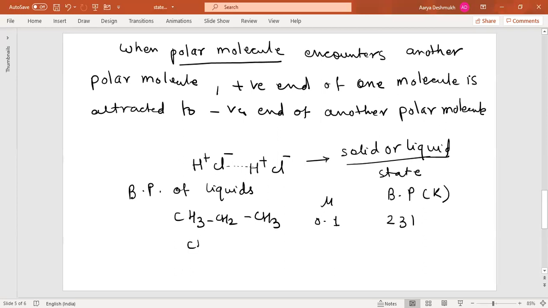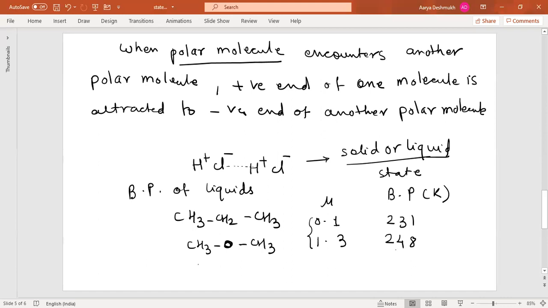Another example, CH3OCH3, dimethyl ether: its dipole moment is 1.3, and its boiling point was found to be 248 Kelvin. There is an introduction of oxygen, which is electronegative, and you see the great difference in the value of the dipole moment, and there is an increase in the boiling point also.